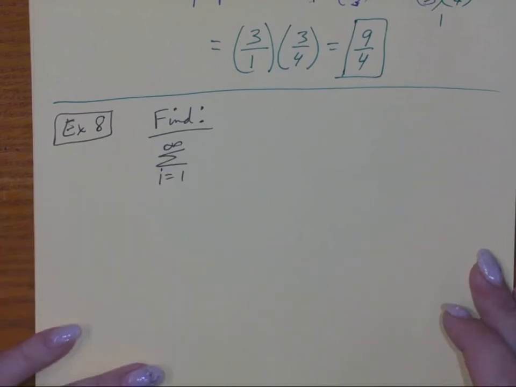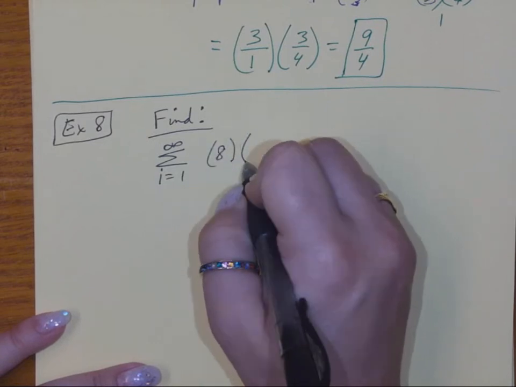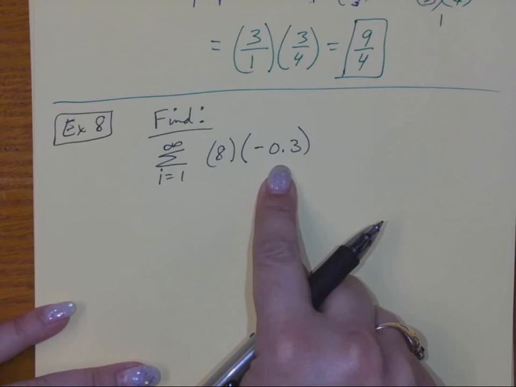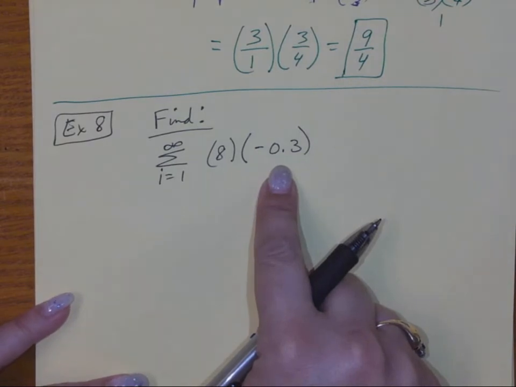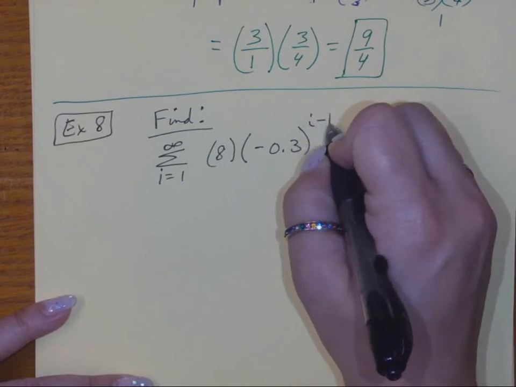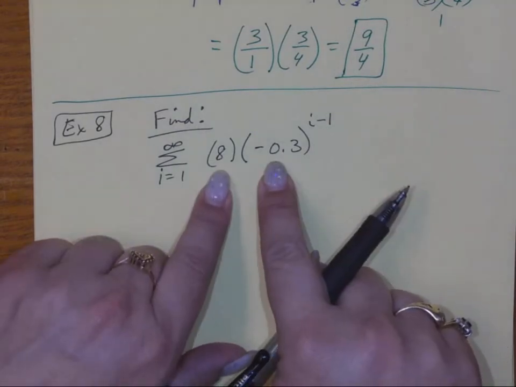I equals 1 to infinity of, and the thing it gives me is 8 times negative 0.3. So this is a ratio, and this number is less than 1, right? And it's raised to the I minus 1. Okay. So let's think about that for a second. This is a geometric sequence, because that's the geometric look.